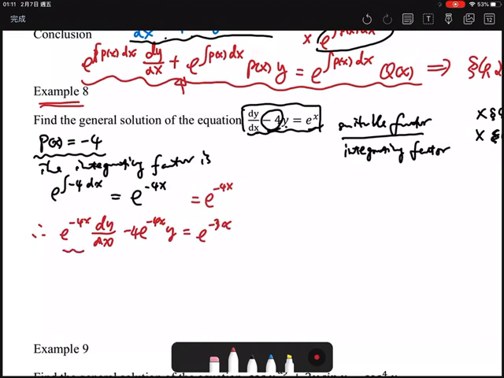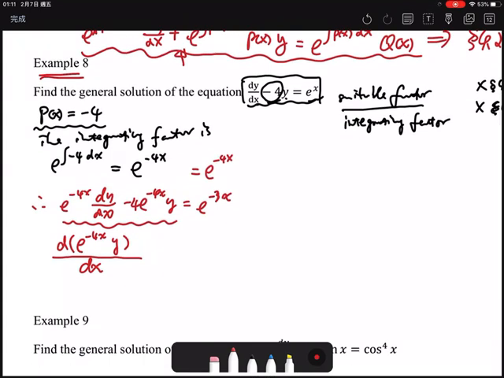So now, after multiplying the integrating factor, the left-hand side can be written as a derivative of a product. So it will be d of e to the power of negative 4x times y, by dx. You can check whether it is true or not, okay? So actually it is true.